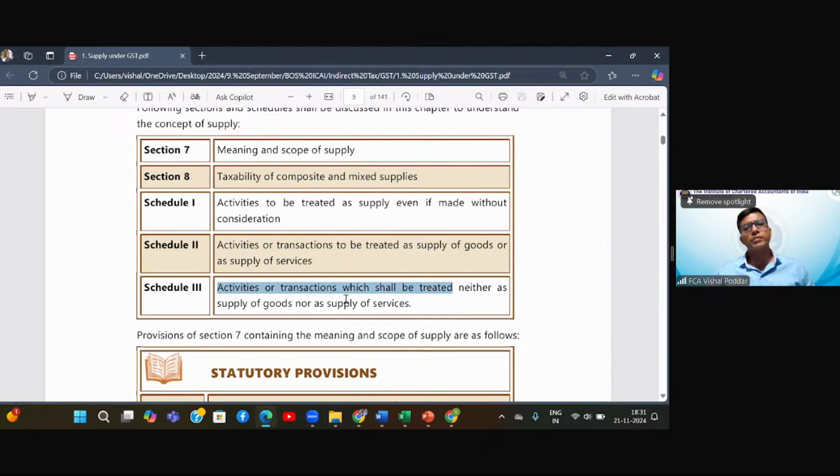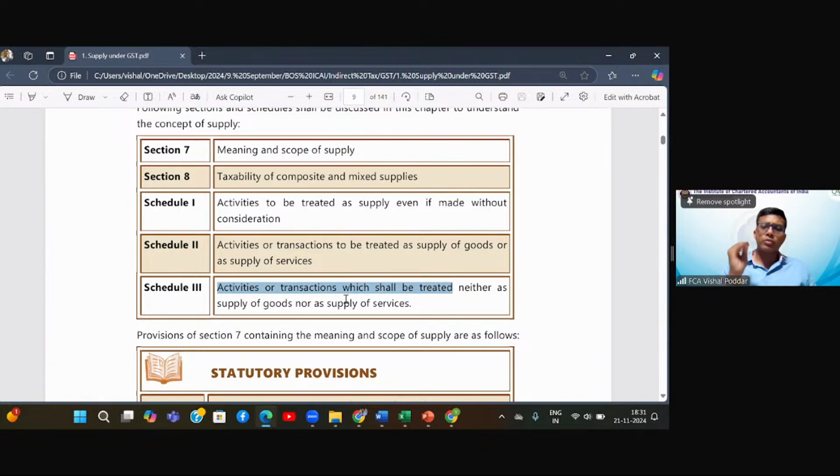If your transaction is fitting in Schedule 3, point is over. Because Schedule 3 covers those transactions which are neither goods, neither service, means supply of goods, supply of service. It means they are no supply transactions. So if you are covered in Schedule 3, matter is over. No need to look further. It will be not a supply, not taxable.